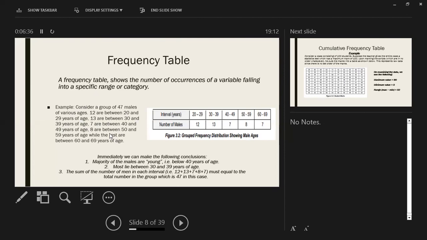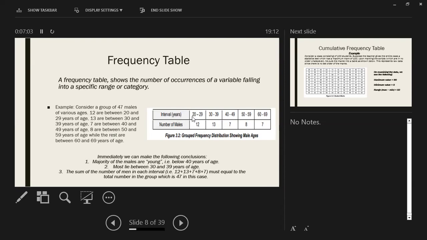So when we are saying a frequency table shows the number of occurrences of a variable falling into that specific range, we're just saying we are showing the number of people in this case that fall in the category of 20 to 29. Here we are showing the number of people that fall in the category 30 to 39. So here we've created the frequency table where we have the class interval and the frequency itself.